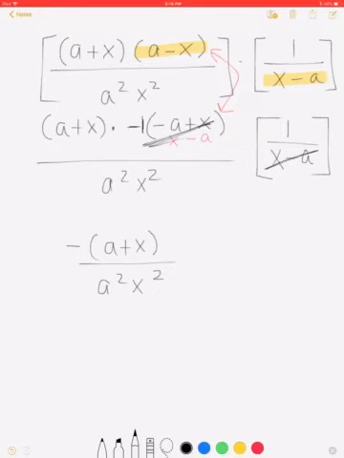Alright, moving right along. Since I canceled something out, that makes me feel like I'm ready to evaluate my limit now. So let's try it. If I plug in a for x, I'm going to get negative a plus a over a squared.